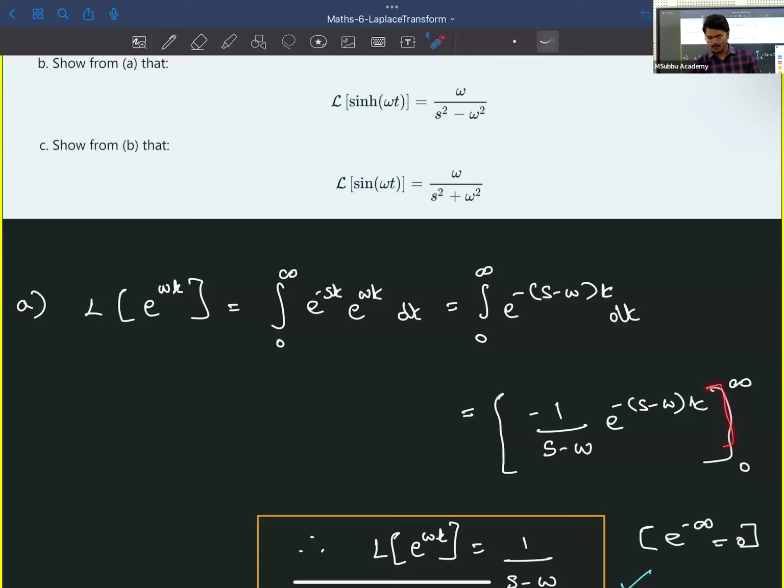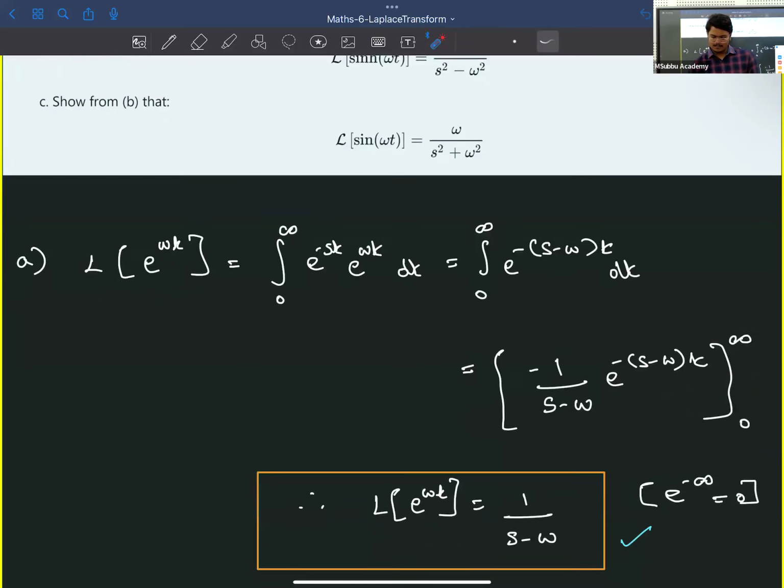Now substitute the limit 0 to infinity. So e power minus infinity, we have seen in the last topics, directly this will be 0. So when you substitute 0 in terms of t here, directly this will become 1.